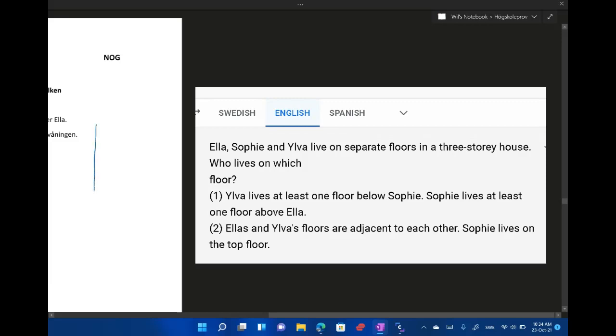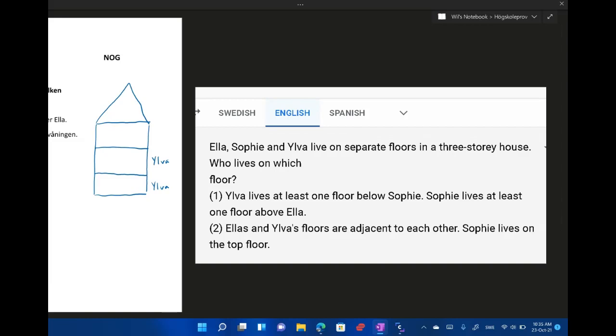So if we have a house, she must live here, or she must live here. If she lives on the first floor, then Sophie can live on the top floor or the second floor. But if she lives on the second floor, then Sophie's on the top floor. Okay? Sophie lives at least 1 floor above Ella.